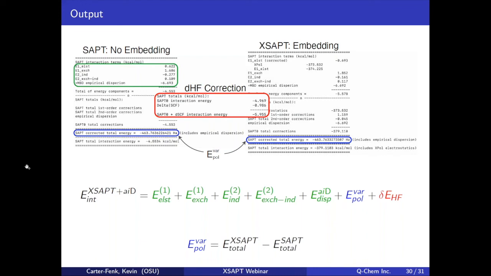Okay, we've got more questions. What about SAPT for the electronically excited states? Right now we don't have an implementation for electronically excited SAPT.